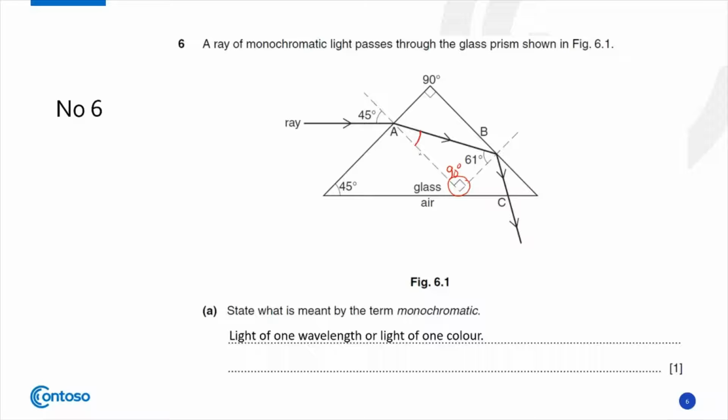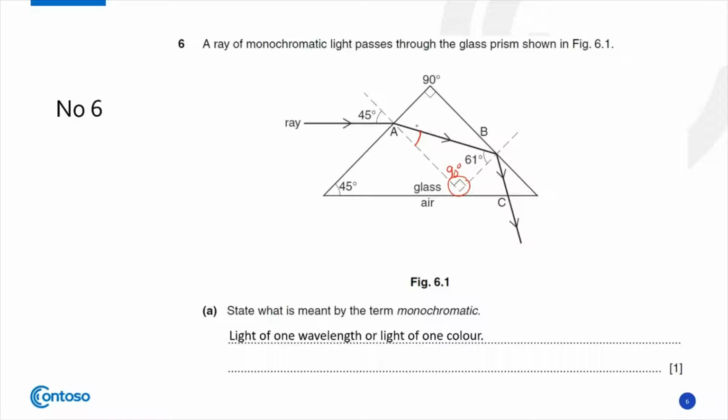Remember, the angles in this triangle add up to 180 degrees. That means this angle plus this angle plus this angle must be equal to 180 degrees.